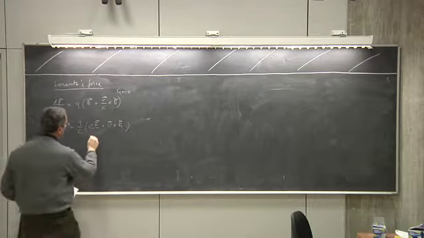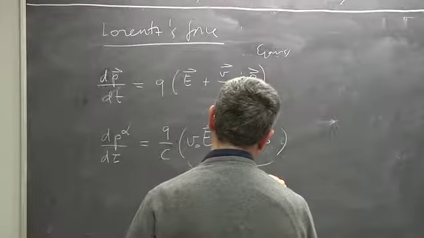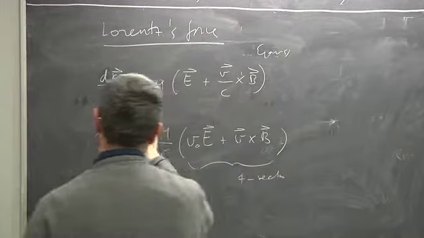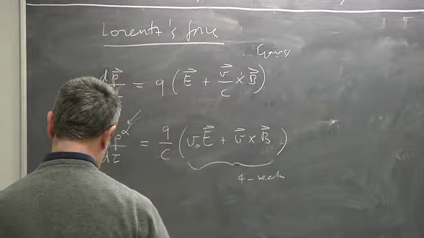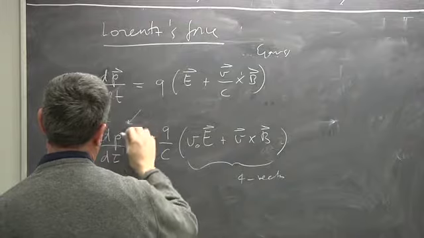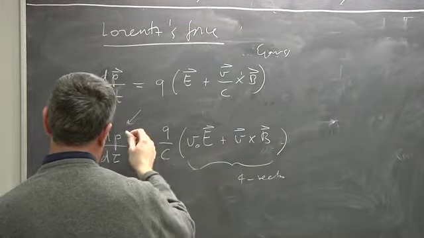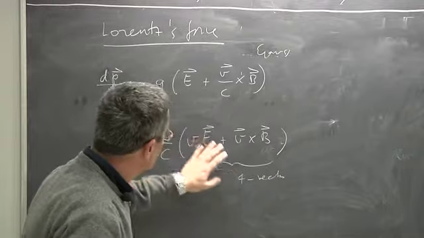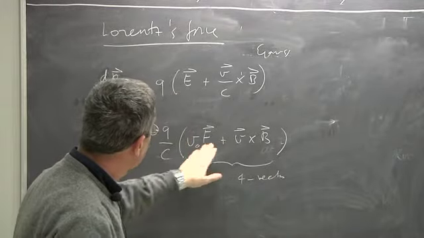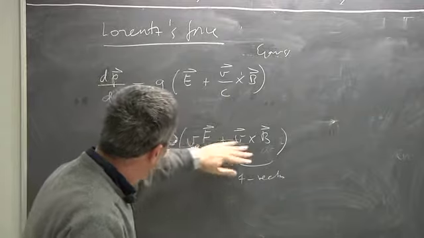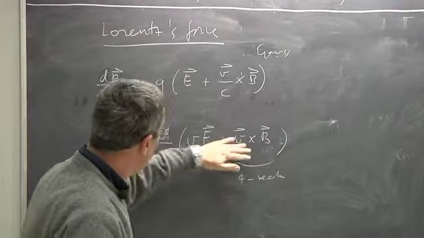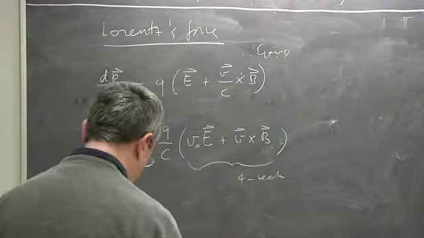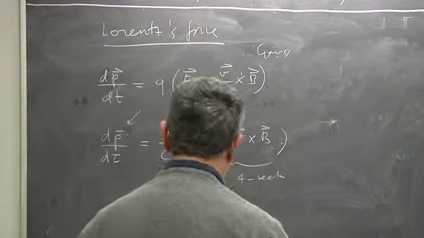So these things here should be a 4 vector, right? Because this is a 4 vector. So let me put it. It's a 4 vector. And then, therefore, this combination, I pull out the C so that I have common V and vectors here. So this object should be a 4 vector, okay?